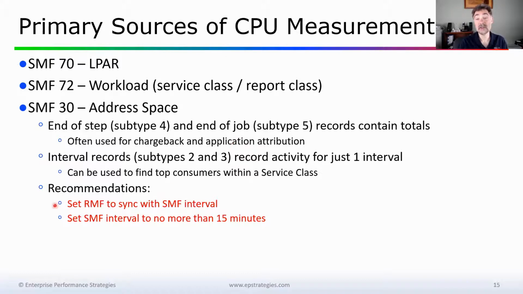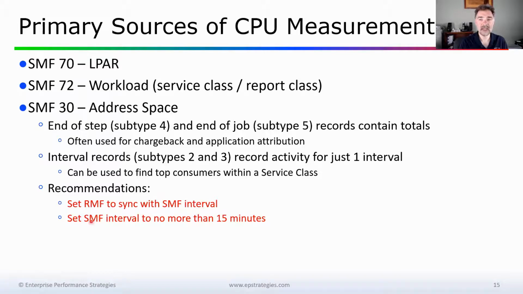If you're doing this sort of analysis, any sort of performance analysis actually on the mainframe, the recommendation is to set RMF or CMF to sync with your SMF interval. That way you can compare the 72s to the 30s, and you can compare other interval records to each other.